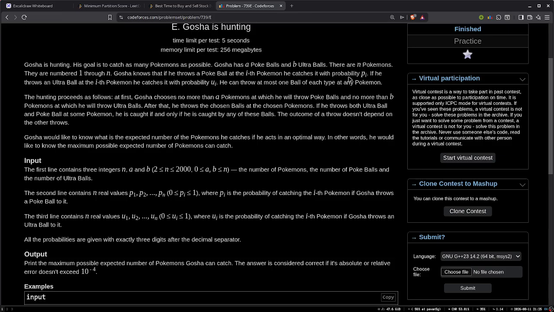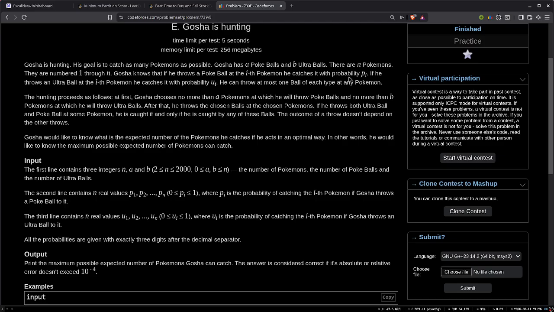The hunting proceeds as follows. At first, Gosha chooses no more than A Pokemons at which he will throw Pokeballs and no more than B Pokemons at which he will throw Ultra Balls. After that, he throws the chosen balls at the chosen Pokemon.